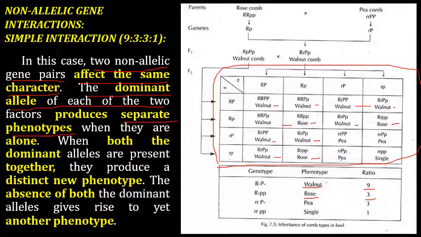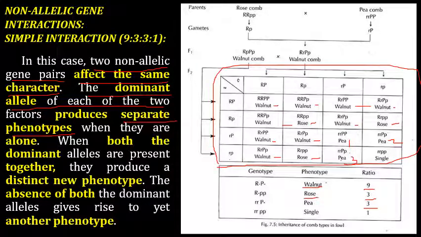Then the other parent type, having genotype small r and capital P, shows the pea comb type in a quantity of 3: 1, 2 and 3.